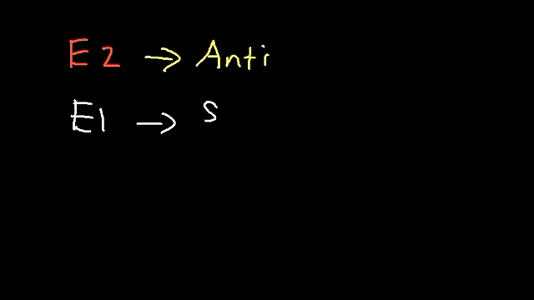Now, something that you must know. The E2 reaction typically undergoes the anti-elimination reaction, but the E1 reaction can undergo the syn elimination or the anti-elimination, which means that the hydrogen could be in the front or in the back. It doesn't matter.